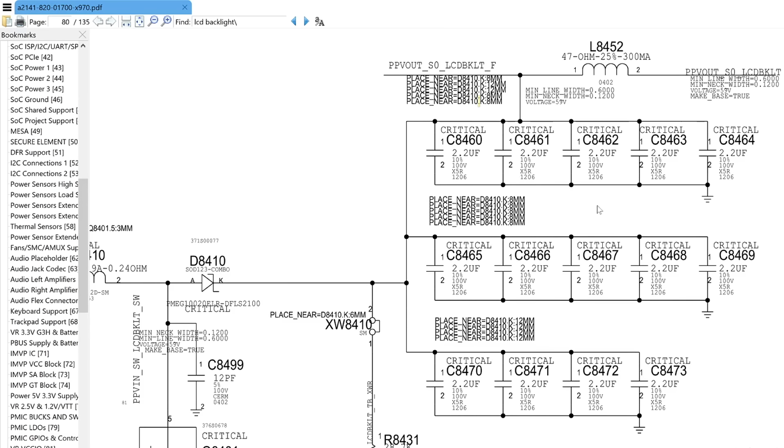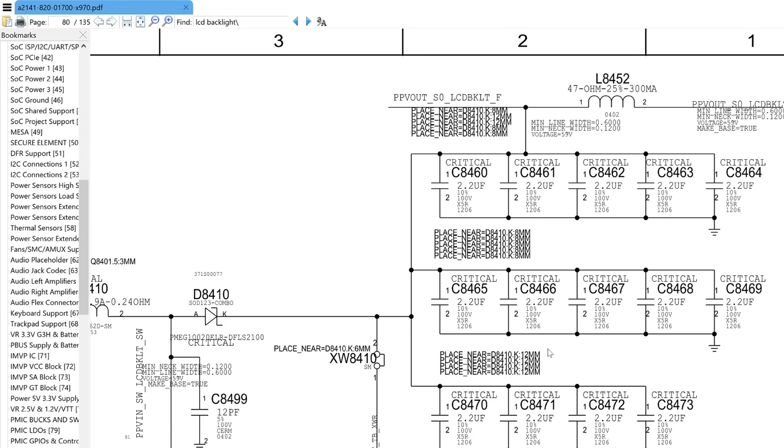Think about it. We have 3 rows of capacitors here connected in parallel. C8460, C8461, 62, 63, 64. The top part is positive and the bottom part is connecting to ground. Same goes for C8455 all the way to C8469, and the same goes for C8470 all the way to C8473.